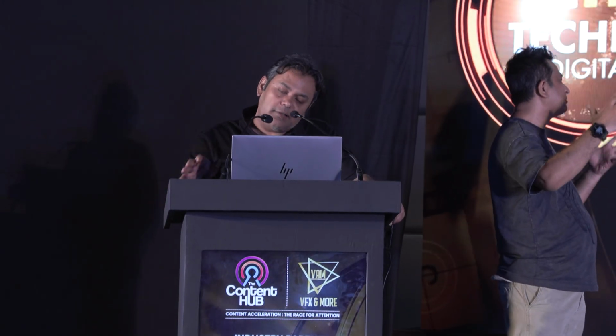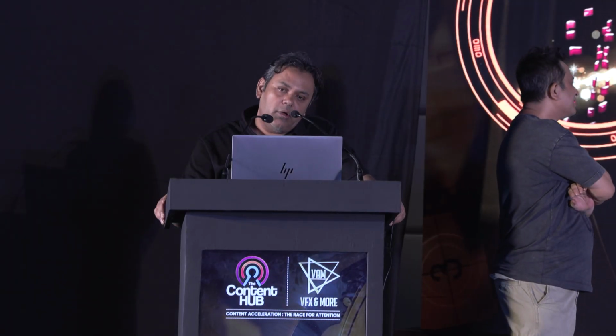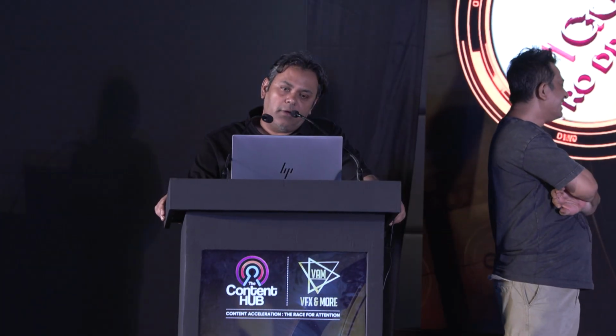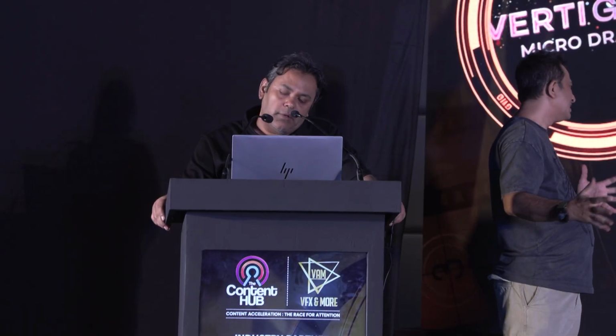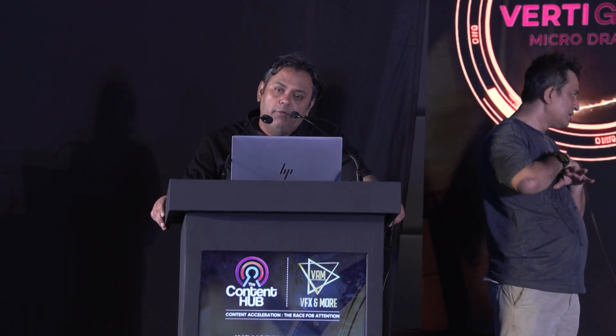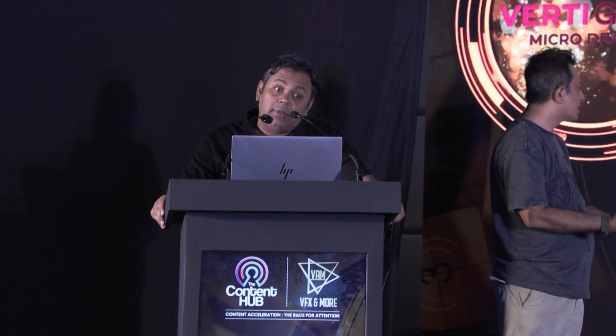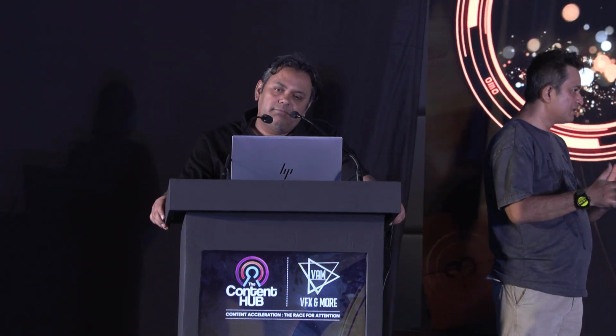We need a stable one. We should know that if we do something with this one, we will go through and achieve the output we need. I think that is the part where work needs to be done. Thank you so much.